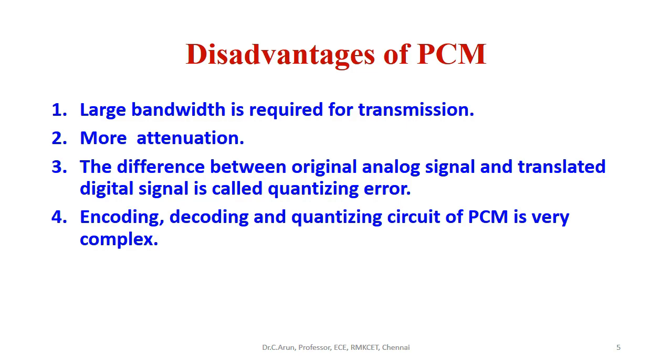The difference between the original analog signal and the translated digital signal is called quantization error. That means quantization error is more in pulse code modulation. If you want to reduce the quantization error, we have to increase the number of quantization levels.